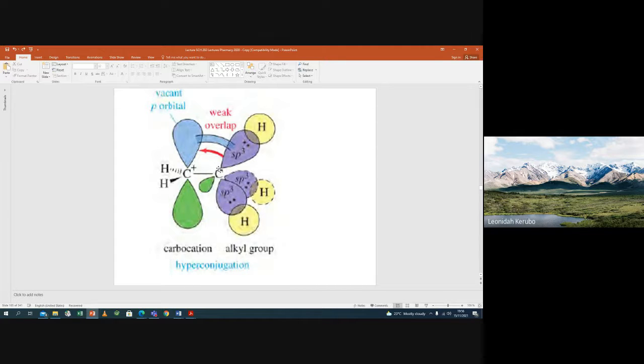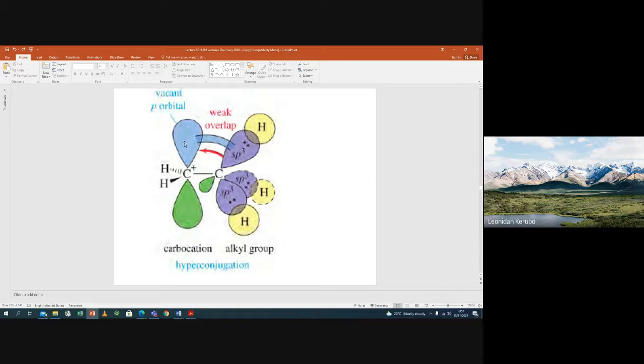So the most important thing to note here is that out of these bonds from the hybridized orbitals of carbon to the s orbital of hydrogen, which overlaps to form the covalent bond, there will be one which is in the right orientation with the empty p orbital of this adjacent carbon.